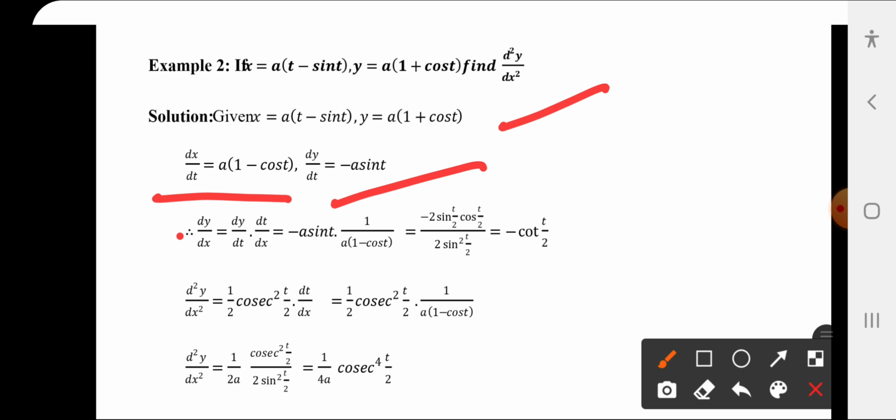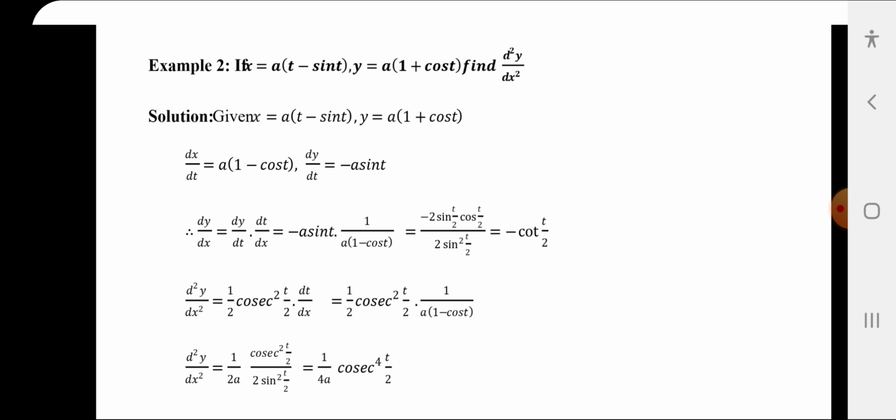Next dy by dx is dy by dt into dt by dx. On simplification we get minus cot of t by 2. Second derivative d square y by dx square is equal to 1 by 4a into cosecant to the power of 4 of t by 2. So this is the second derivative of the given function.